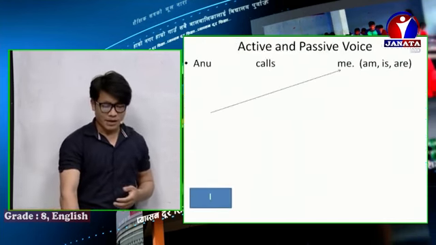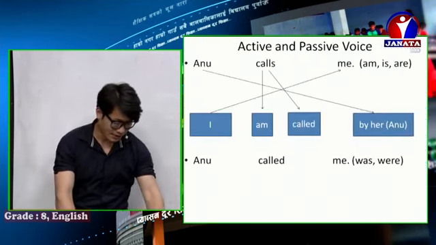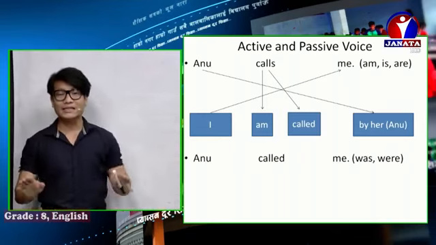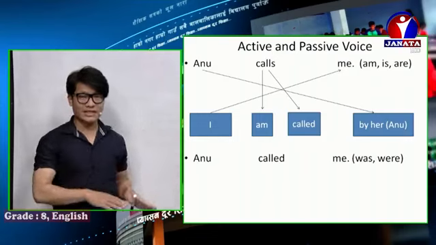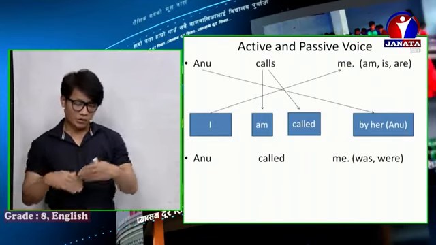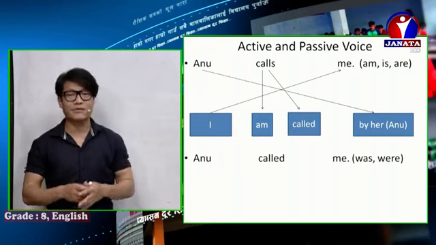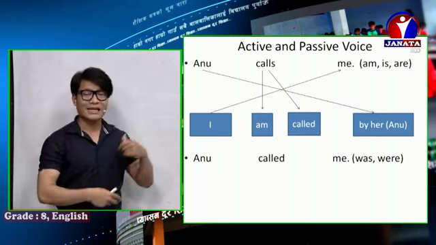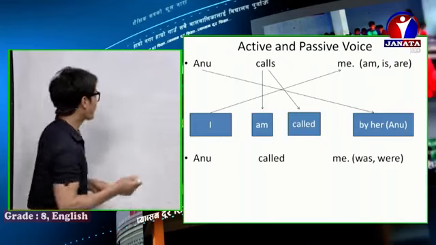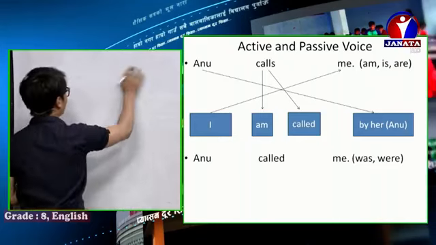Last time we discussed assertive and interrogative sentences on the basis of tense. Let me have some light practice today, and after that we will start imperative and optative sentences. So let me write here.